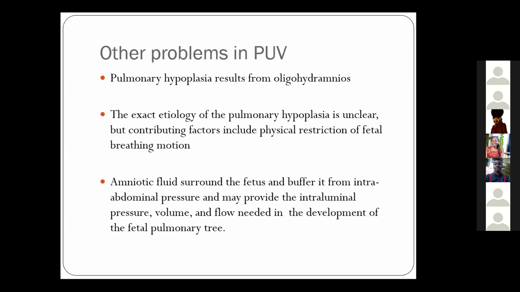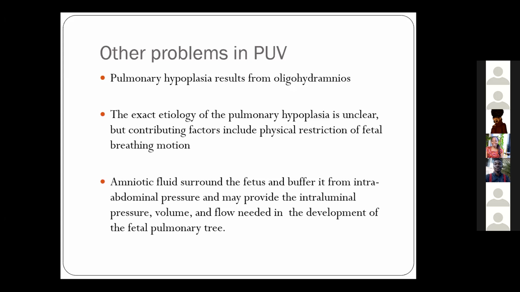And the amniotic fluid surrounds the fetus and buffers it from intra-abdominal pressures and may provide the intraluminal pressure, the volume, and the flow needed in development of the fetal pulmonary tree.